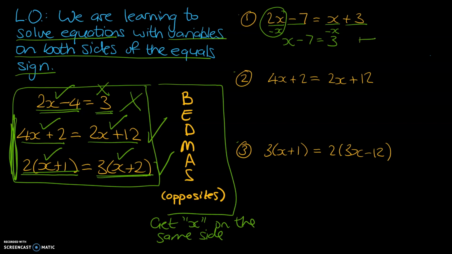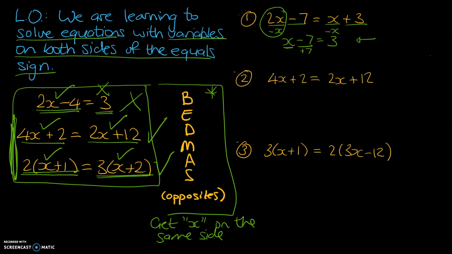Now that we're at this step, this looks like the type of question we focused on in yesterday's video, so we can use the reverse BEDMAS method to solve that equation. We're trying to get x by itself, which means we need to get rid of the minus 7. We get rid of that minus 7 by doing the opposite, which is plus 7.